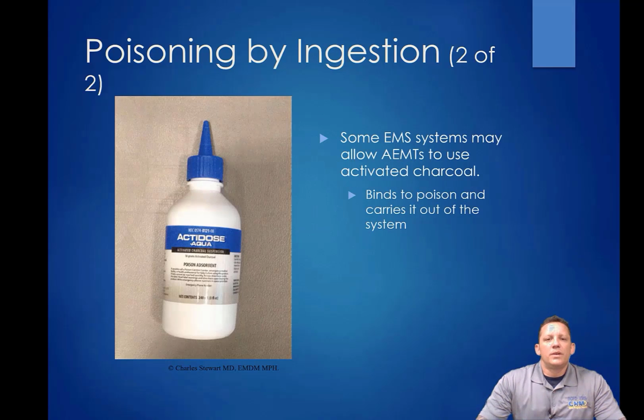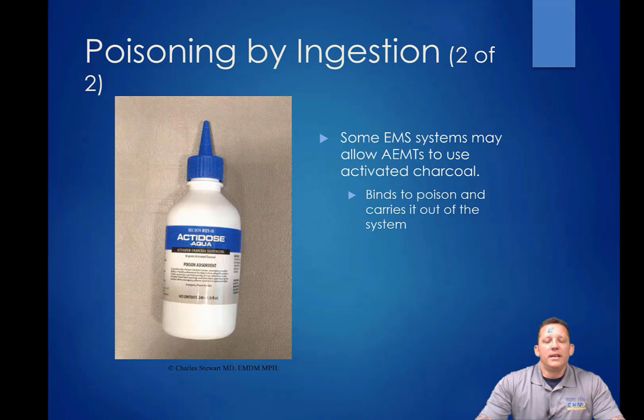In regards to some of the simple treatments that are given for acute overdoses, there are some EMS systems that allow AEMTs to use activated charcoal. The mechanism of action for activated charcoal is that it binds to the poison, allowing the body to dispose of it without it getting into the bloodstream. Activated charcoal has a pretty high carbon content.